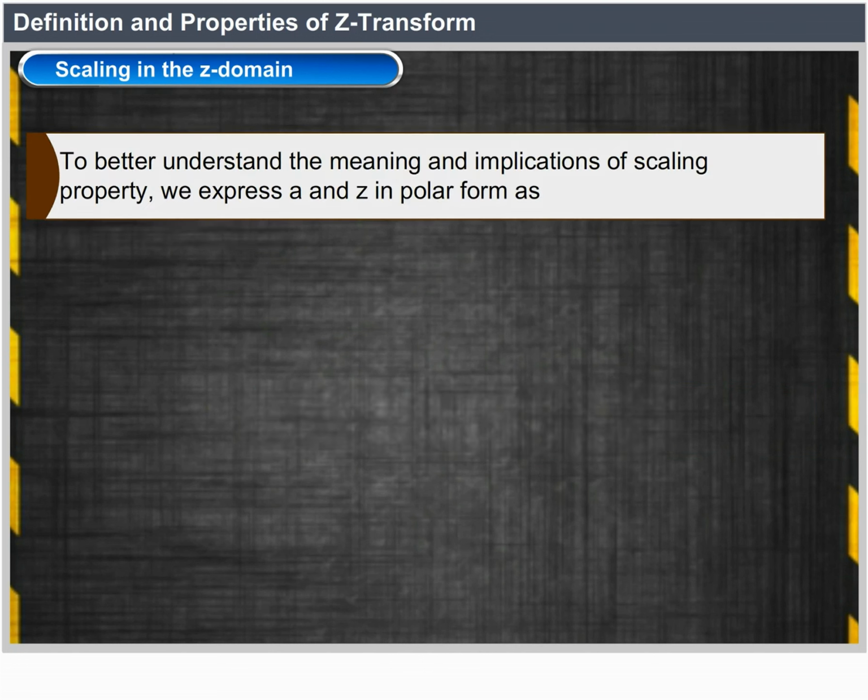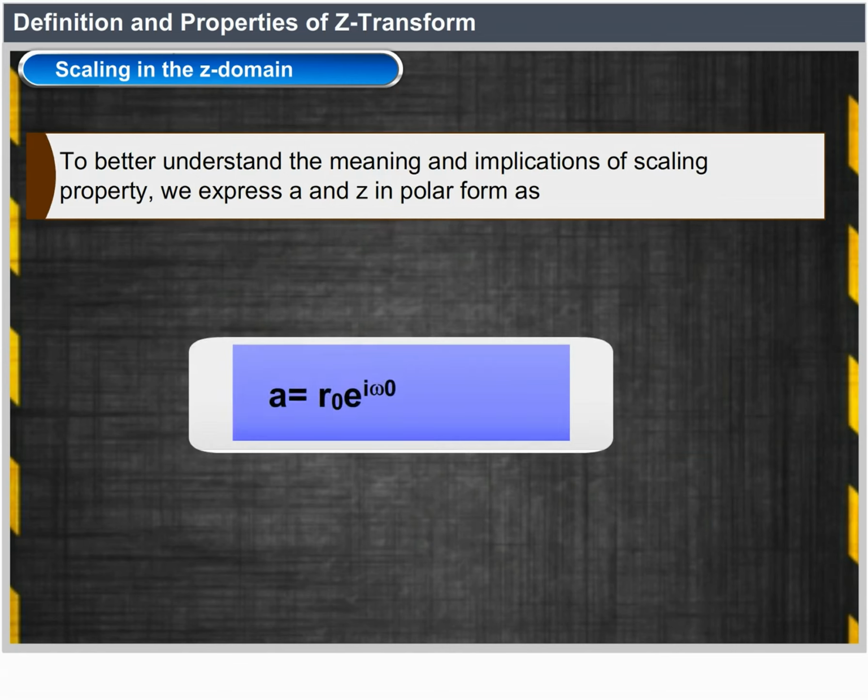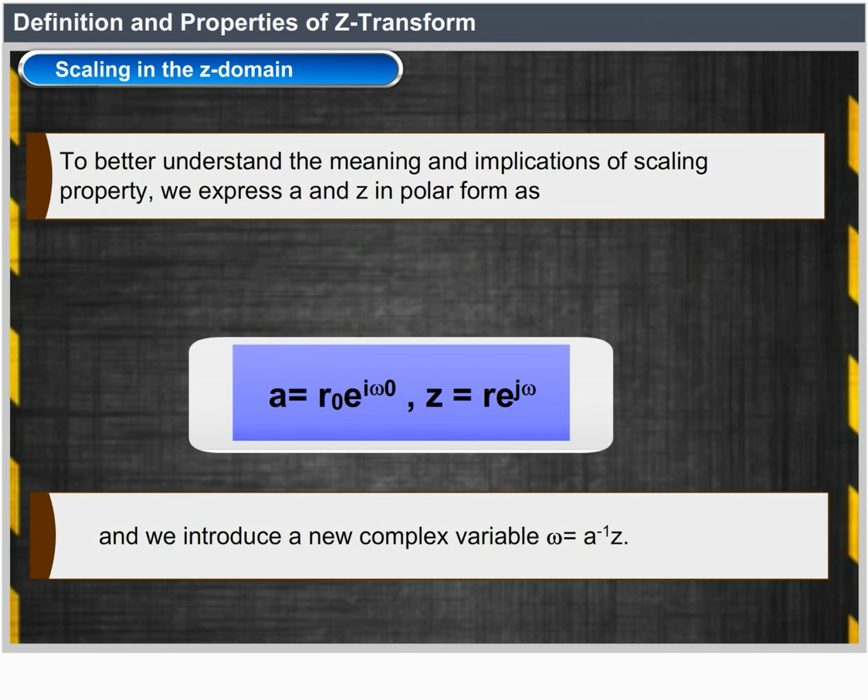To better understand the meaning and implications of the scaling property, we express a and z in polar form as a equals r0 e^(j omega0), z equals r e^(j omega), and we introduce a new complex variable omega equal to a^-1 z.